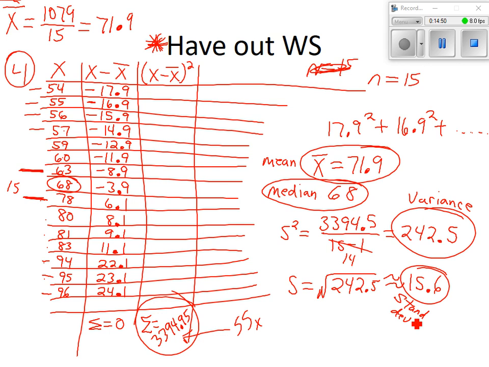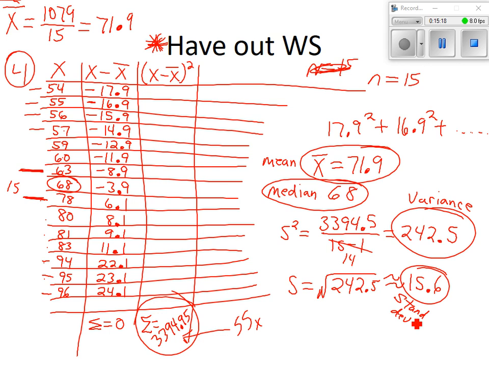Should fall in those two ranges. This one, 13.5%, and from here to here, 13.5%. And then these last two, about 2.5% there, 2.5% there. We'll just round it off somewhere close.